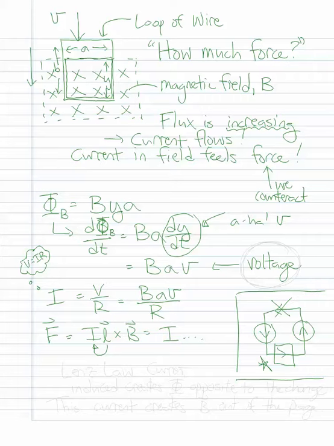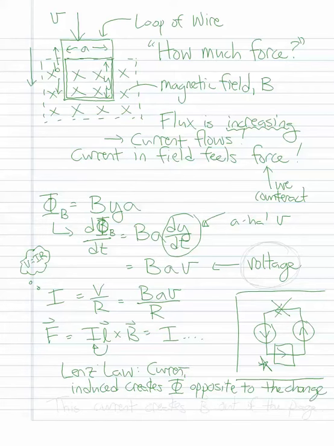So what we're going to do is use the right-hand rule here. And we know from Lenz's law that the current induced creates a flux opposite to the change that created it.